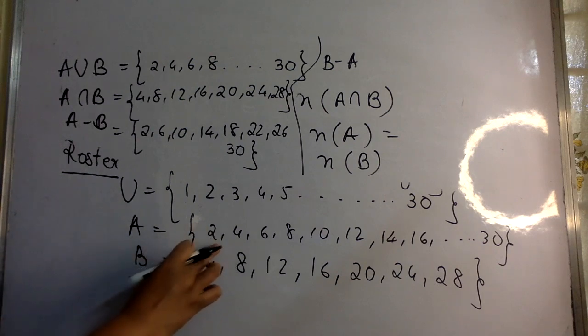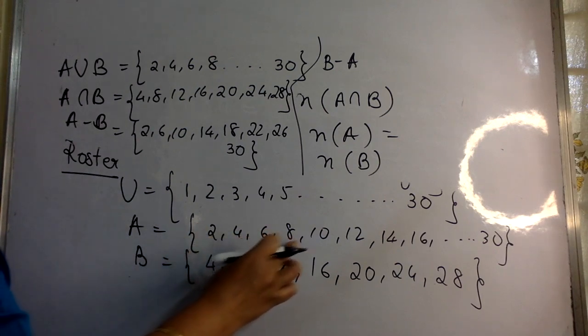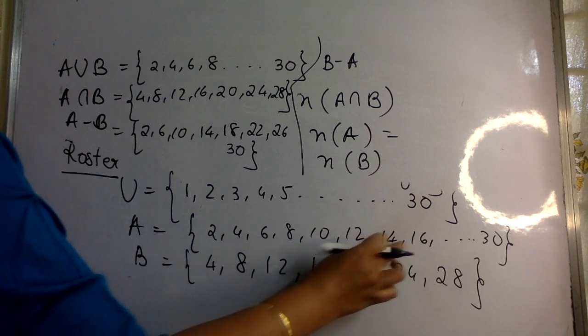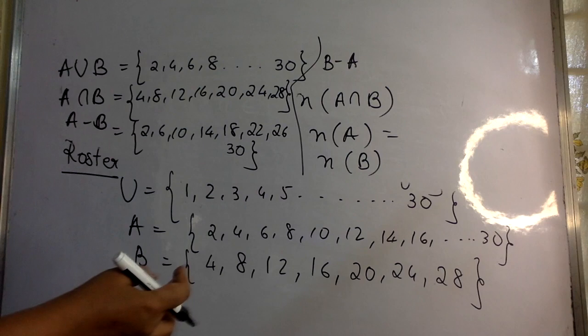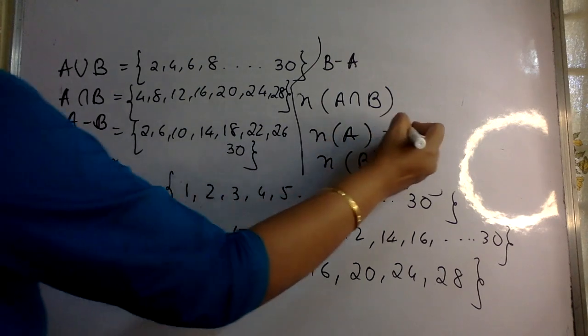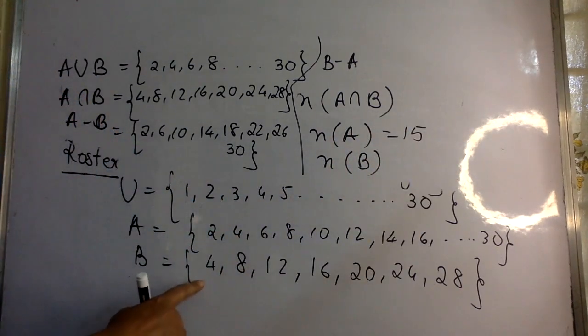So 1, 2, 3, 4, 5, 6, 7, 8 and then we have 7 more, so a total of 15. Here we have a total of, how many numbers are there in set B?